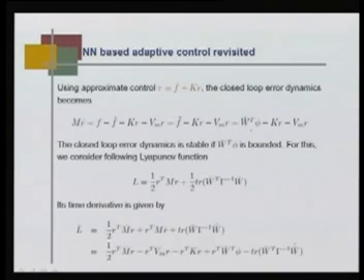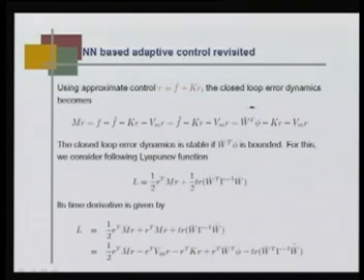Earlier we used to have tau as f hat plus k r plus VmR. In that case the VmR term used to cancel out, and if f and f hat are exact, then simply M r dot is minus k r.